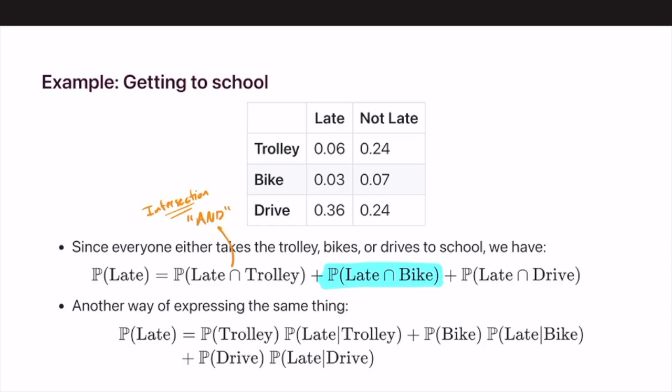So how do we rewrite that? Well, one way to rewrite that is the probability of bike multiplied by the probability of being late given that you took the bike. So these are essentially equivalent statements.